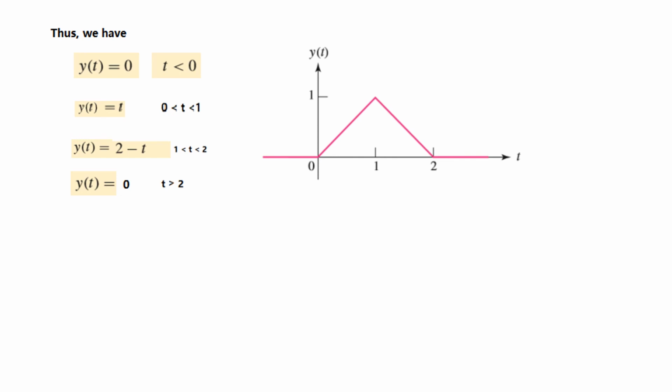Now between 1 and 2, it is 2 minus t, which means t has a negative slope of 1, and this 2 represents the y-intercept. So if you extend this, it will touch a point here at 2, so this is also plotted. And the last one, t greater than 2, is 0, so this is plotted.